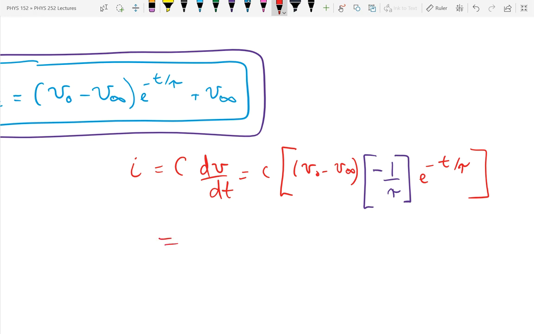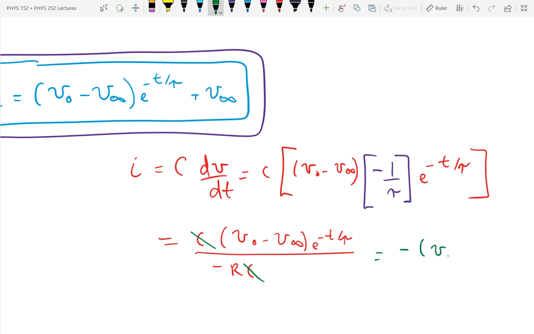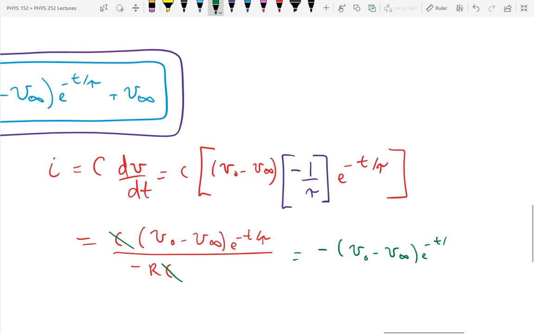Now, tau is RC, so we'll cancel out those C's. And so it should be like that.